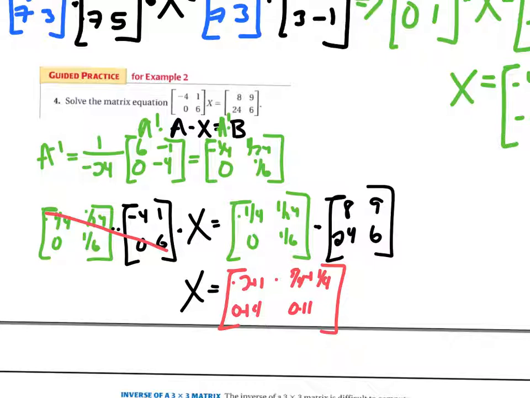And then you can clean it up and rewrite it. And you get negative 2 plus 1 is a negative 1. Negative 9/4 plus 1/4 is a negative 8/4, and that reduces to negative 2. 0 plus 4 and 0 plus 1. And you have found your missing unknown matrix that belonged in this equation, where you took matrix A times this matrix to get matrix B.